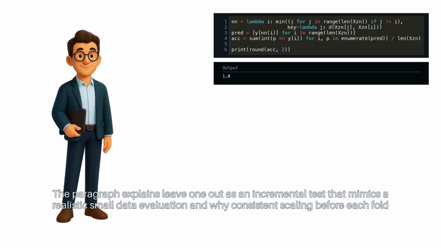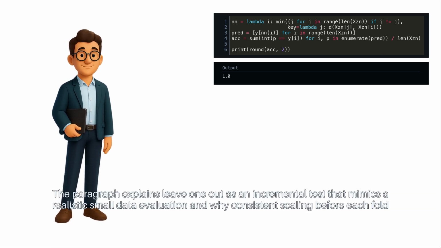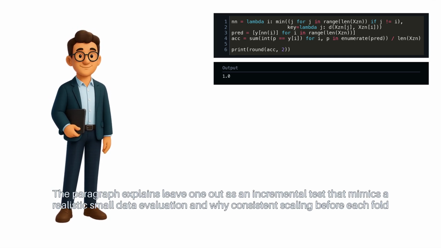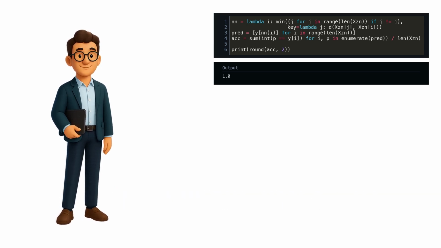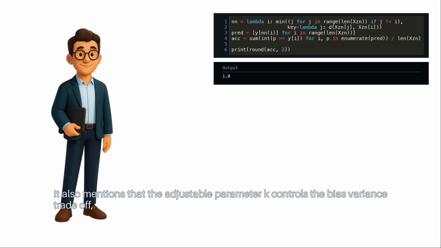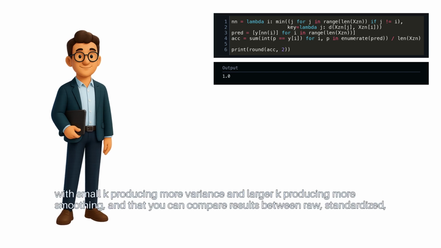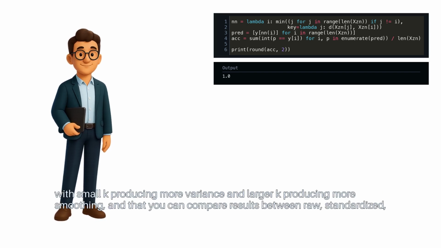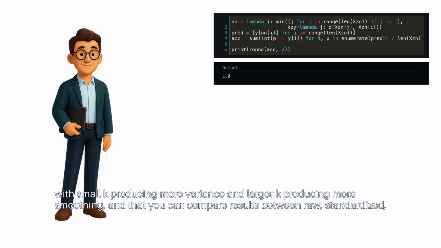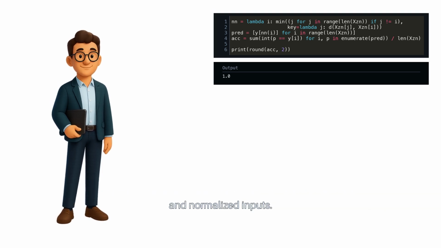The paragraph explains leave one out as an incremental test that mimics a realistic small data evaluation, and why consistent scaling before each fold matters. It also mentions that the adjustable parameter k controls the bias-variance trade-off, with small k producing more variance and larger k producing more smoothing, and that you can compare results between raw, standardized, and normalized inputs.